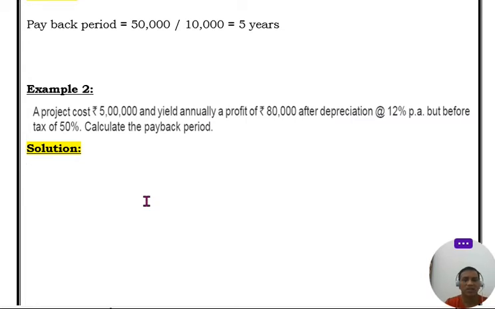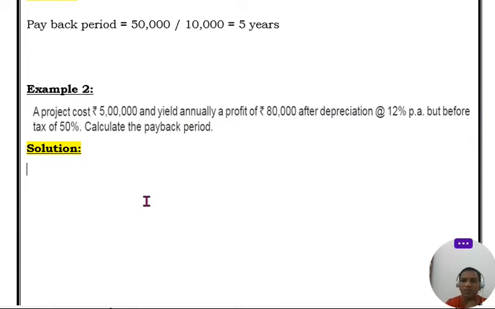So if you want to calculate the payback period, first what we need is the cost of the project. Yes, cost of the project is given, 500,000. Good. Then what about the cash flow? The cash flow is not given directly. If you see here, annually a profit of 80,000 after depreciation.